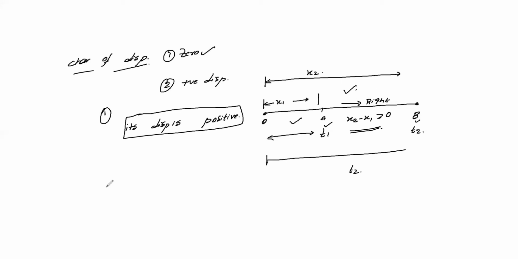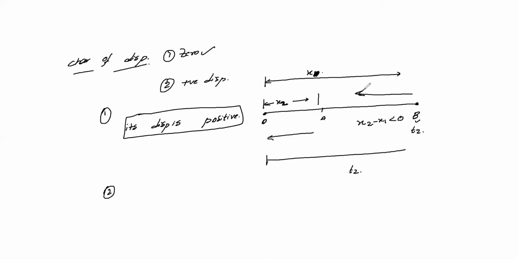Let's see the second one. It is the same case. When the object is moving towards your left, in the direction of travel, assume the positions are x1 and x2. Looking at the difference, x2 minus x1 is less than 0.